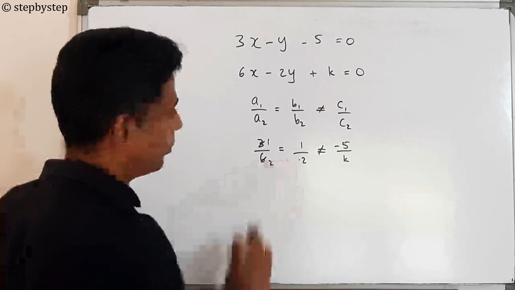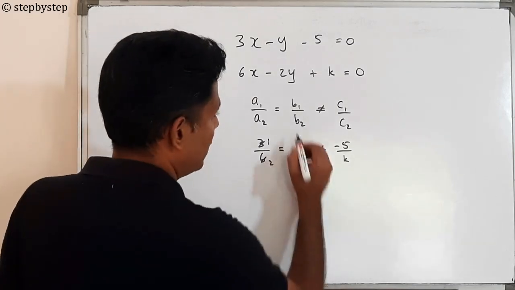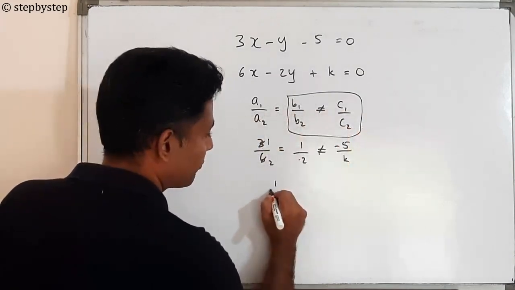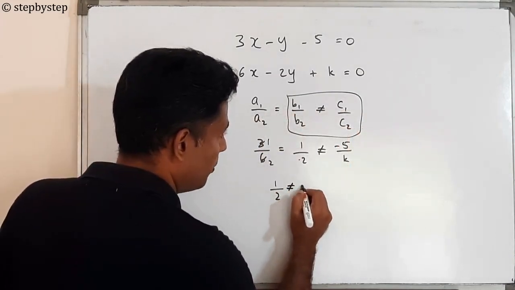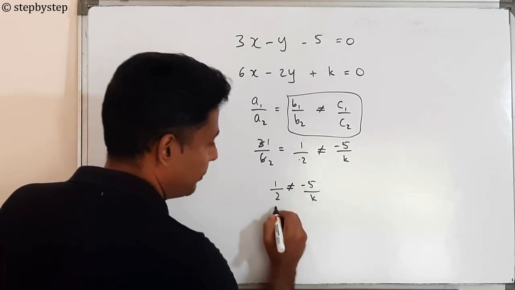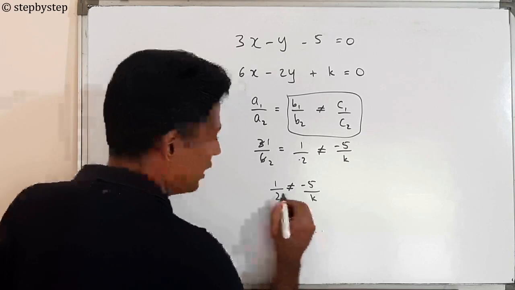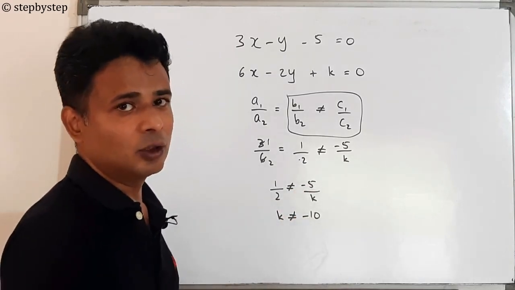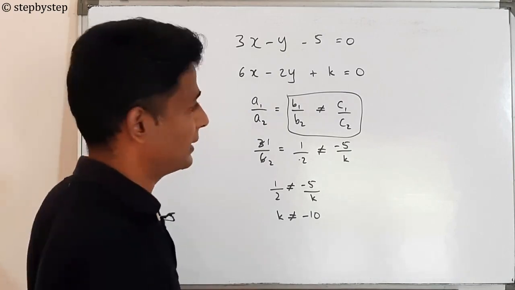So A1 by A2 is equal to B1 by B2. Now we can take these two or these two. What do we get? 1 by 2 not equal to minus 5 by K. So K I'll transpose to this side, here it's division, it becomes multiplication. So K is not equal to 2 into minus 5, that is minus 10. So the answer is K not equal to minus 10.